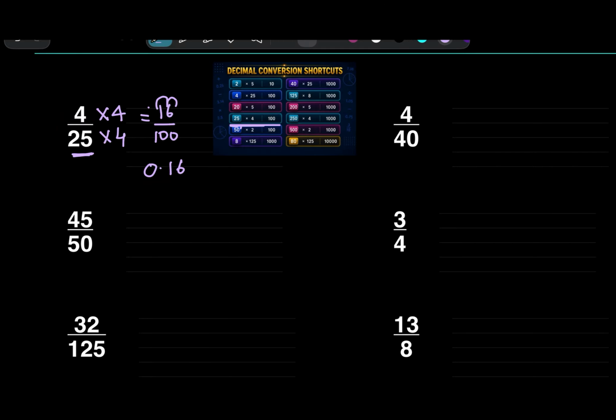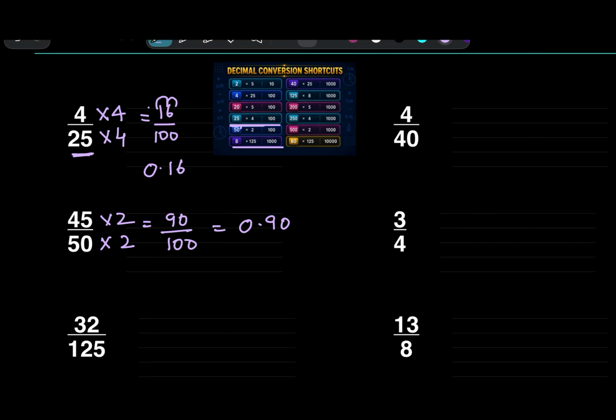The next one is 45 divided by 50. Easy. Into 2. It will make this 100. 90 upon 100. Start jumping. 0.90. Now 125. This is not very easy to remember, guys, so please look at the chart here. 125 into 8 is 1000.